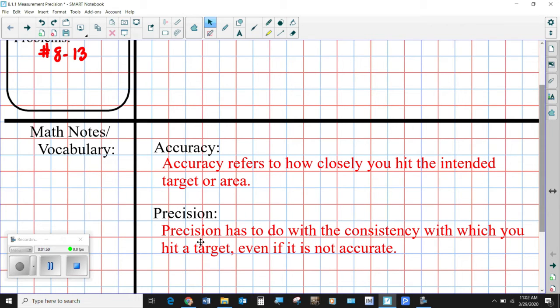Whether or not it's your intended target is another issue. So accuracy is actually hitting the target that you want to hit, whereas precision is getting all your shots in the same location. Okay, so there's a slight difference there. Go ahead and pause this if you want, because I'm going to move to the next page, and then you can catch up with us once you've written everything down.